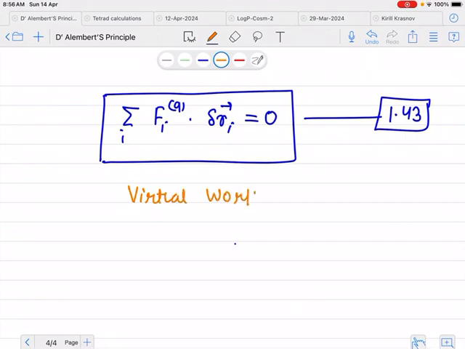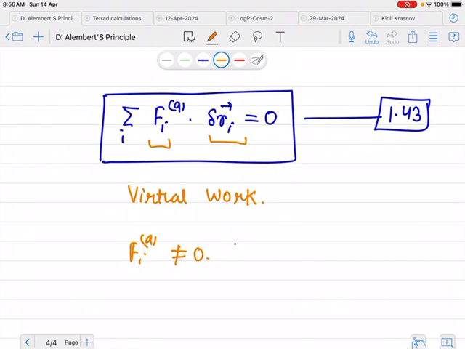See, the coefficient of delta Ri can no longer be set to zero. In general, this external applied force is not zero.